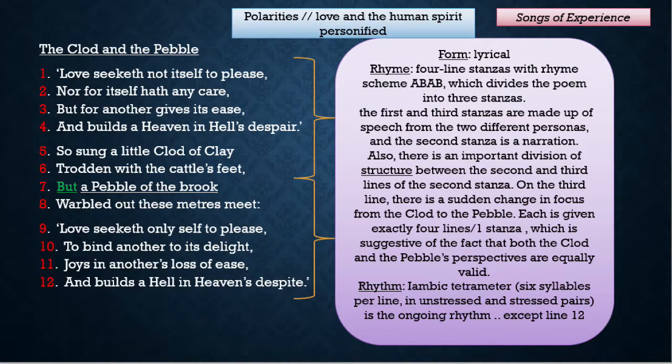Okay, so looking at the poem, it has 12 lines going down. The title itself displays these polarities between the two: the clod being malleable and shapeable, and the pebble being fixated and hard, a rigid persona and perspective.